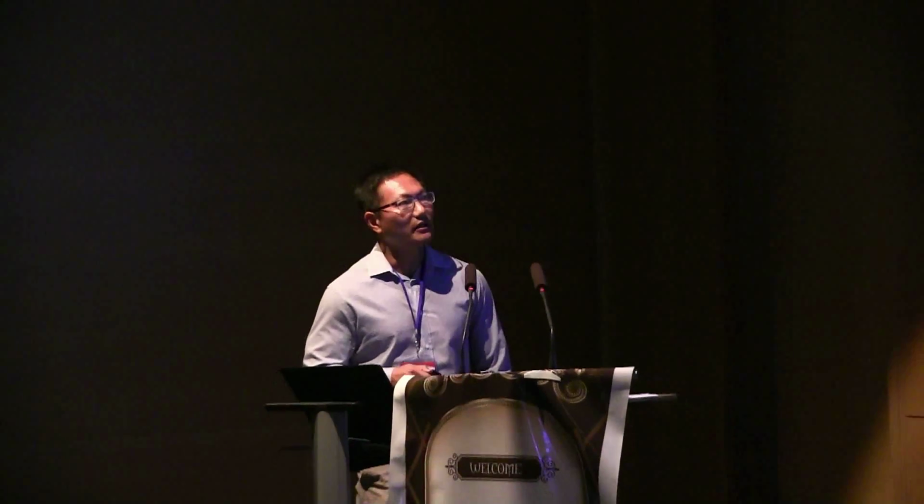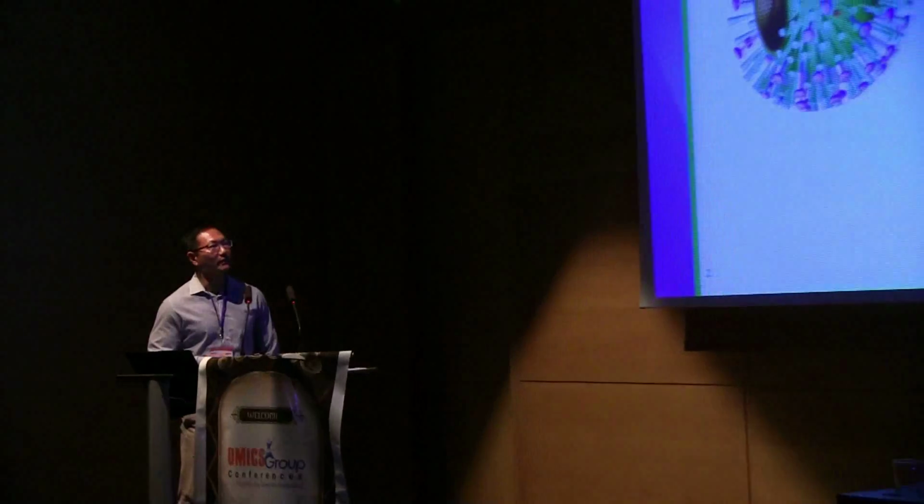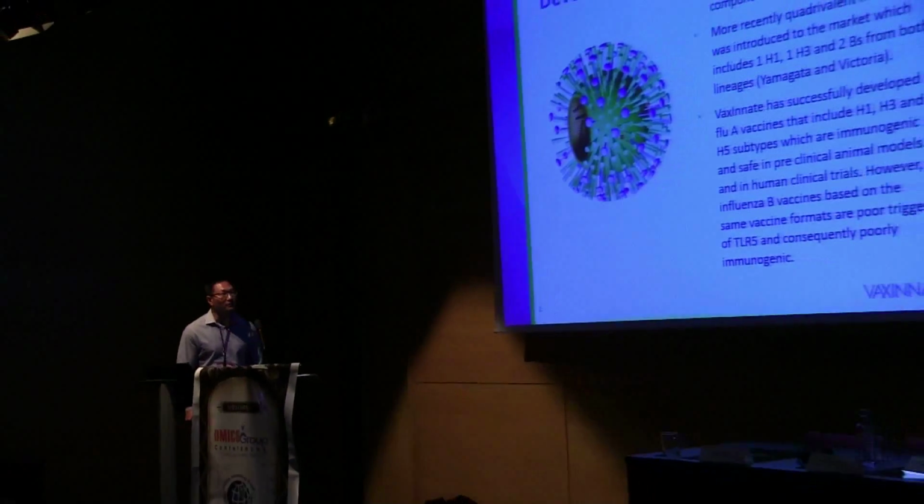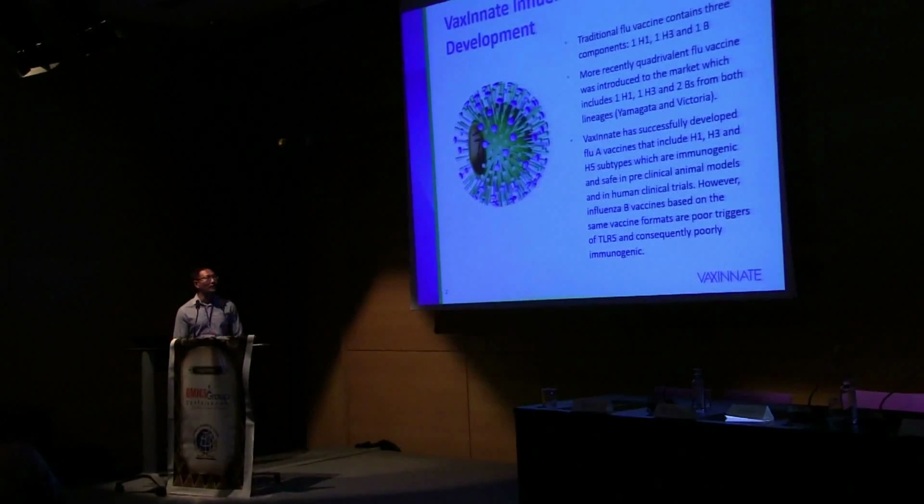Previously, we developed a flu A vaccine that includes H1, H3, and H5. All of these are immunogenic and safe in preclinical animal models and also in human clinical trials.